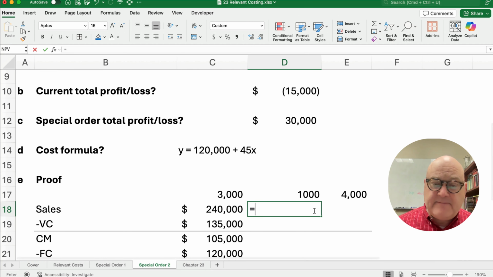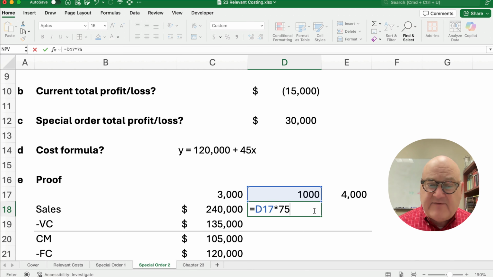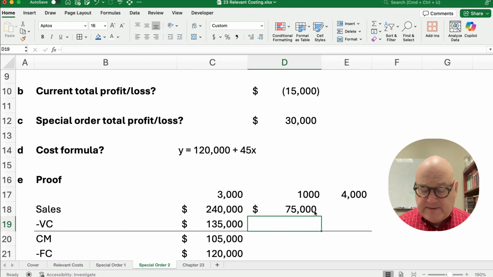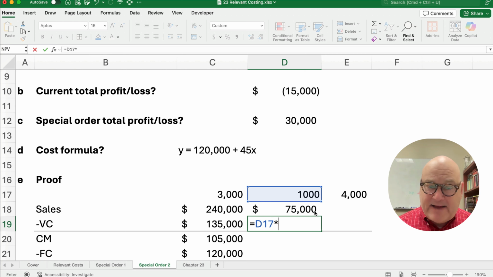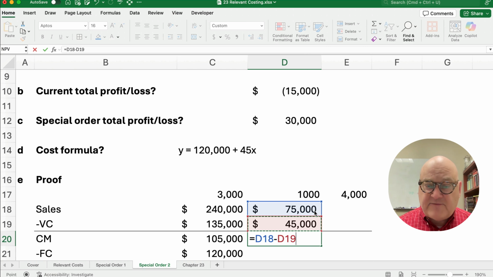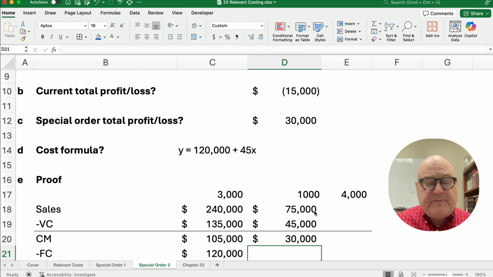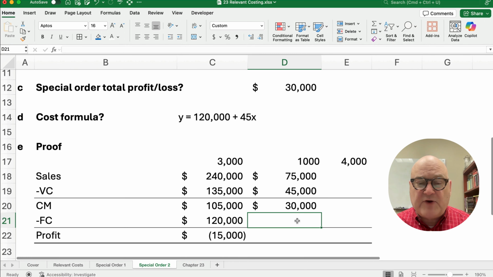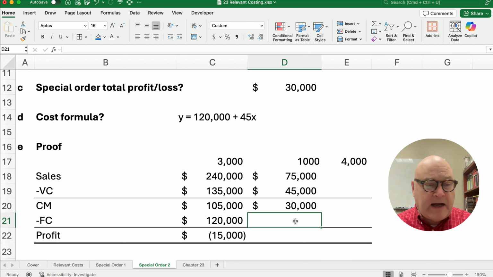But what if we sell this 1,000 at the $75? So 1,000 times 75 is 75,000. 1,000 times the variable cost of 45. So we've got 75 minus 45. We're making a positive contribution margin of 30,000. Our fixed cost is going to be an increase of 0, right?